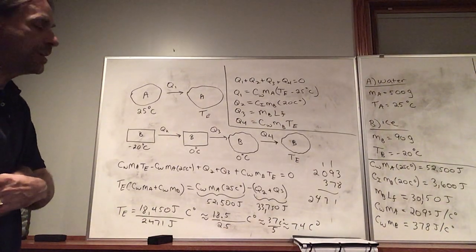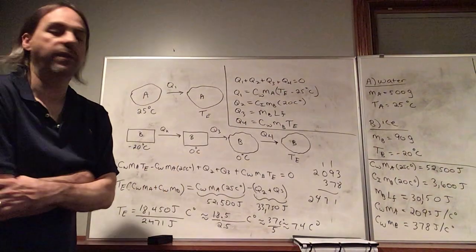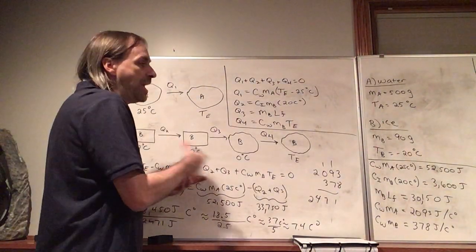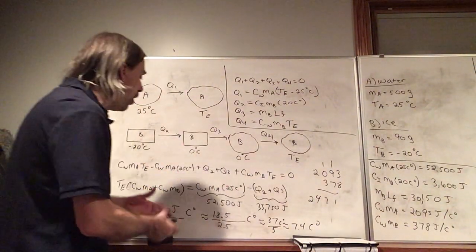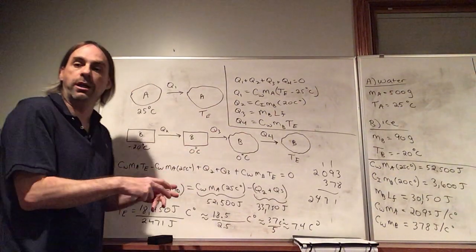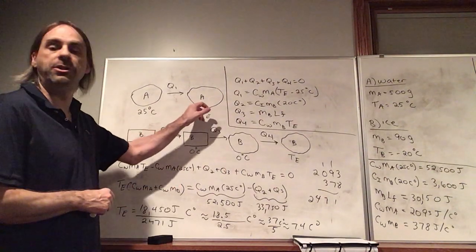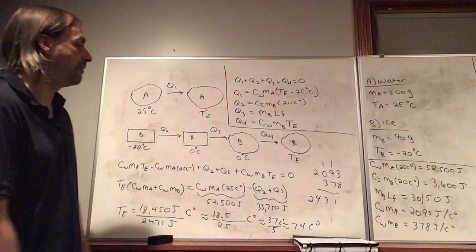That took a significant amount of energy to melt the ice. It was 30,150 joules. And so if we added enough ice, all the energy that goes into melting the ice is coming from here and cooling it off. So if we had enough ice, we would cool this temperature down to 0 and end up with just a big block of ice.